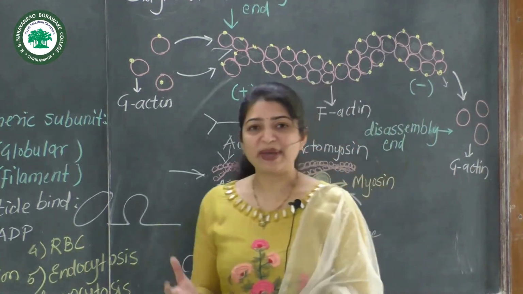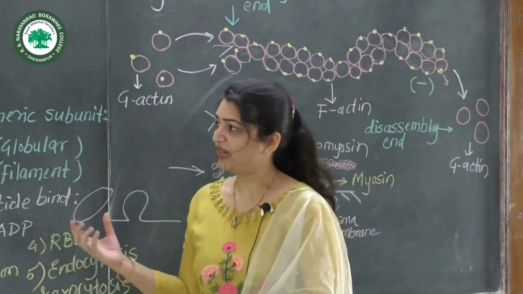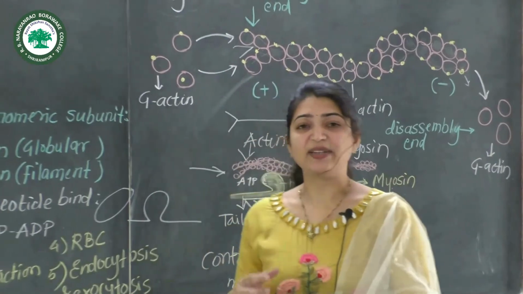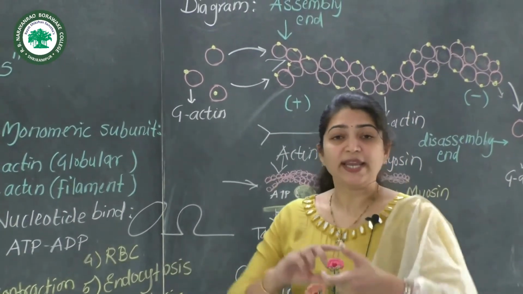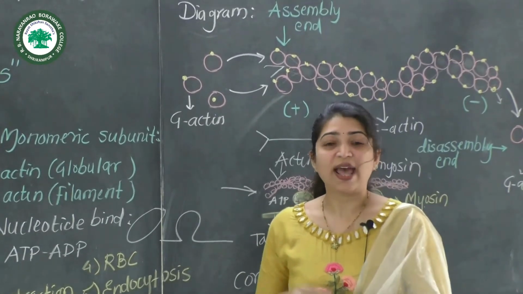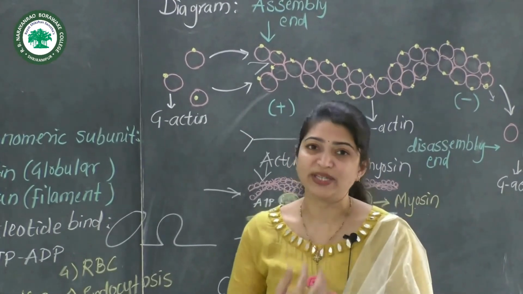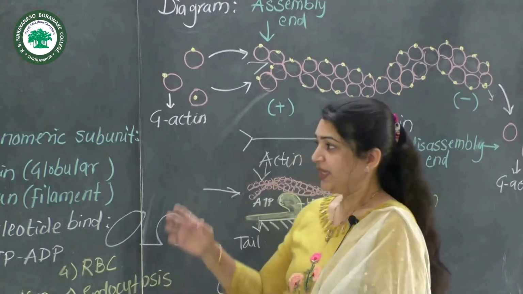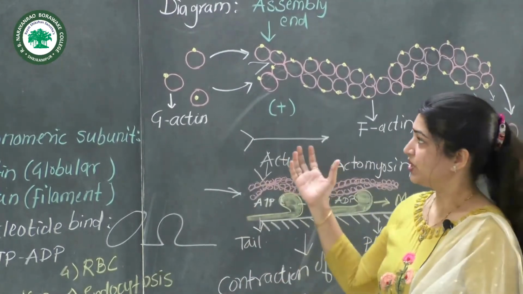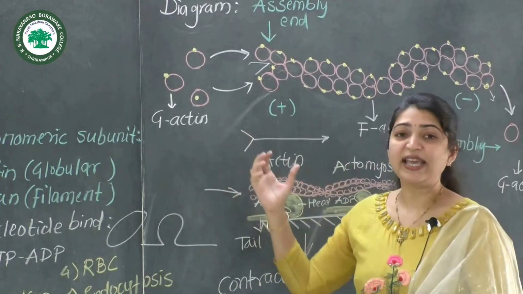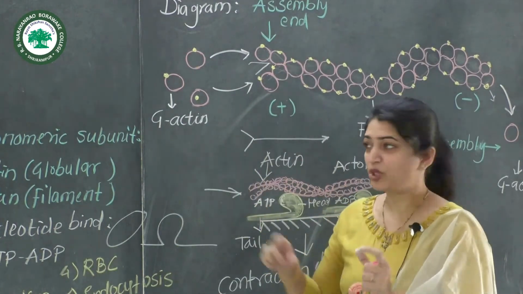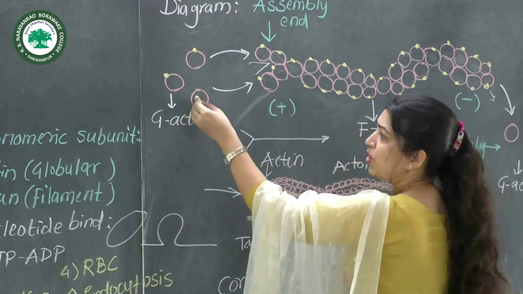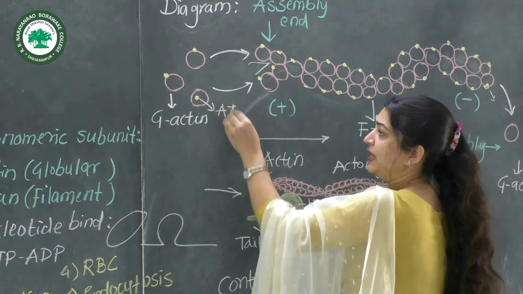So to summarize the microfilament, I would like to tell you again that microfilaments are very small filamentous intertwined helical structures with a 7 nanometer diameter. Here the monomeric subunits used are G-actin and F-actin. G-actin is globular in shape, and the yellow colored dots over here are ATP.